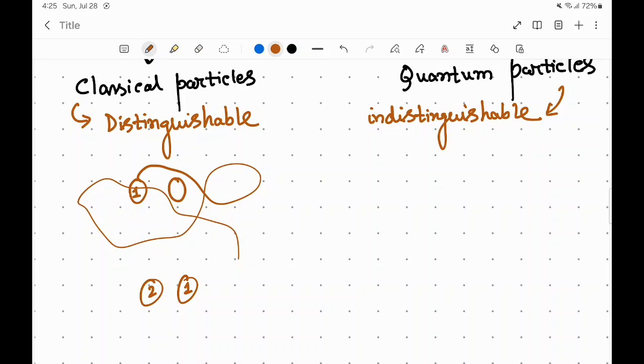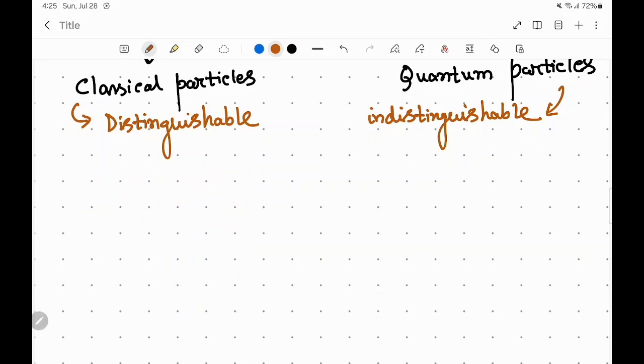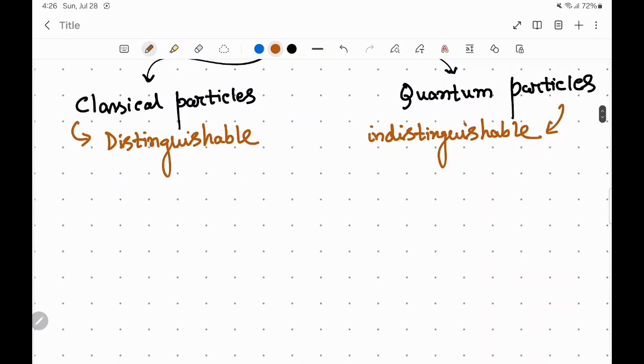First you have to label it, then from that label you can distinguish. So basically there are two terms, and this is very important: identical and distinguishable. Identical does not mean indistinguishable. Identical means they look the same. But in classical particles, even though the particles are identical, you can distinguish them by their trajectories. So classical particles are always distinguishable, but quantum mechanical particles are indistinguishable.